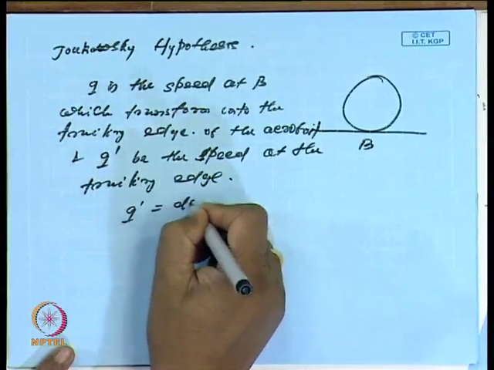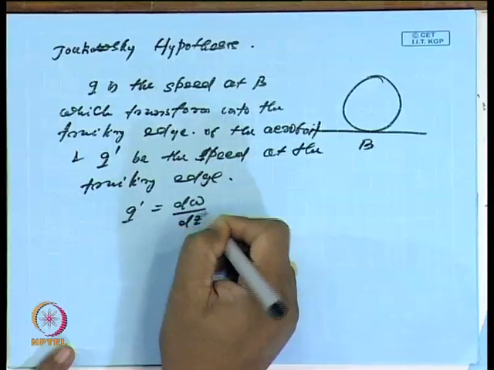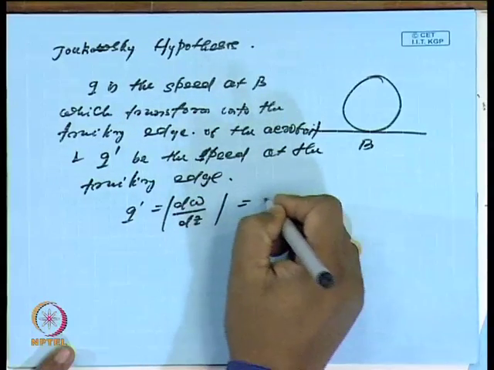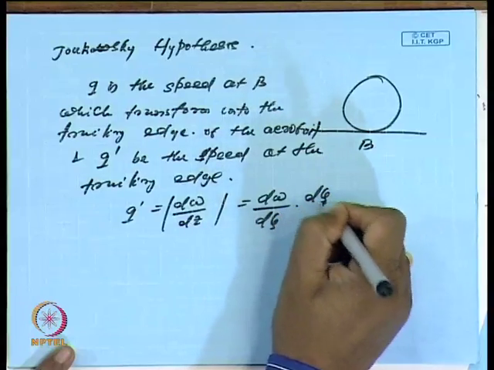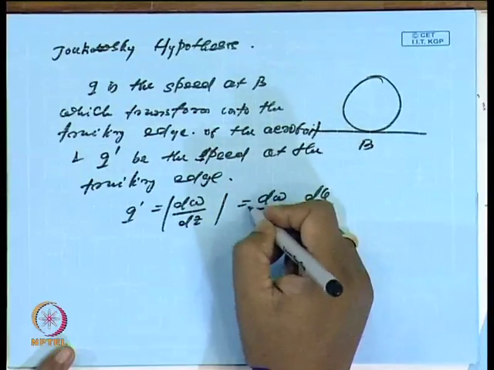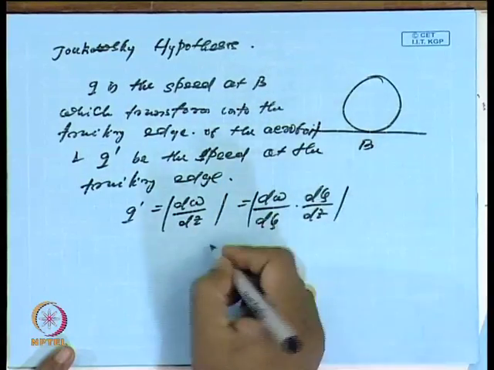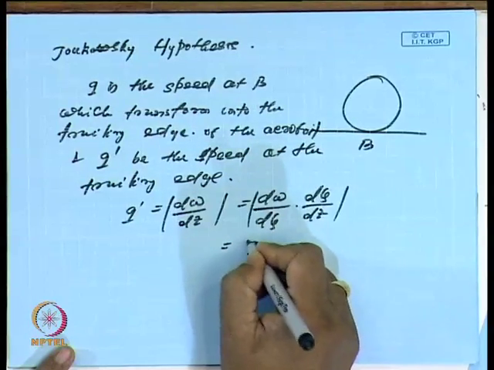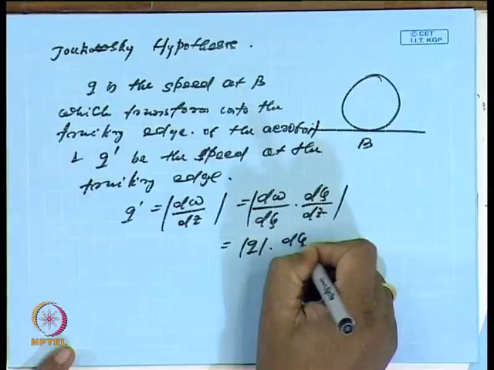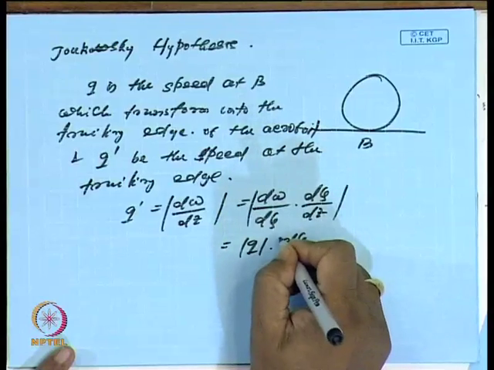q prime is dw by dz, and that is nothing but dw by d zeta into d zeta by dz, and taking the modulus, this will give us q prime is q mod into d zeta by dz, and we have seen d zeta by dz.